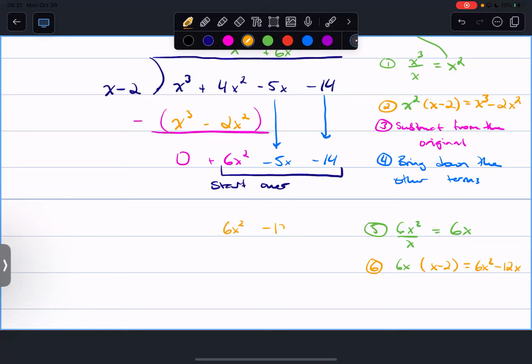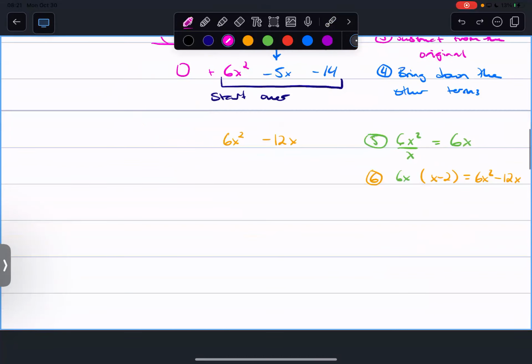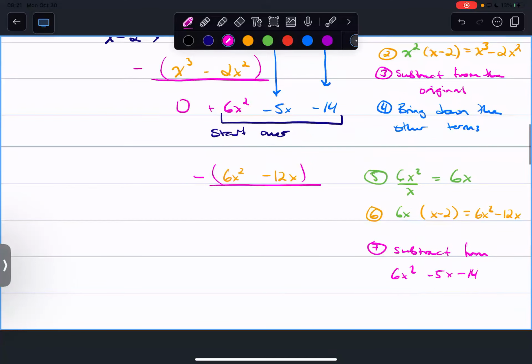6x squared minus 12x, which, oh, not yet. I have to subtract from 6x squared minus 5x minus 14. It's going to be across the page here.